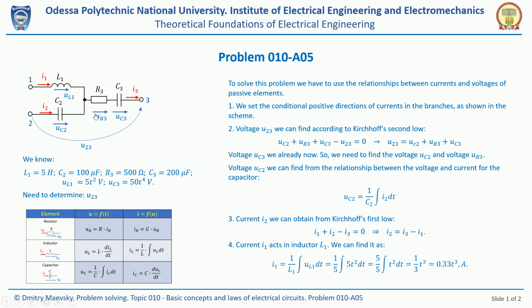The algebraic sum of these four voltages is 0. From this equation we can find that U23 is UC2 plus UR3 plus UC3.